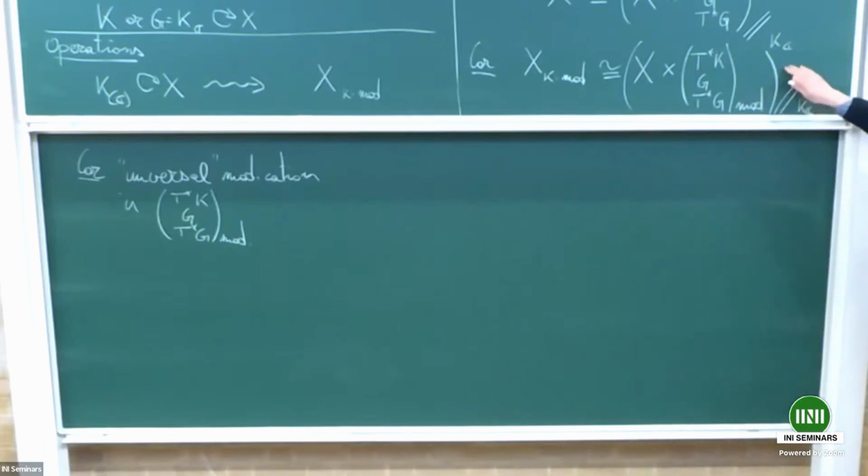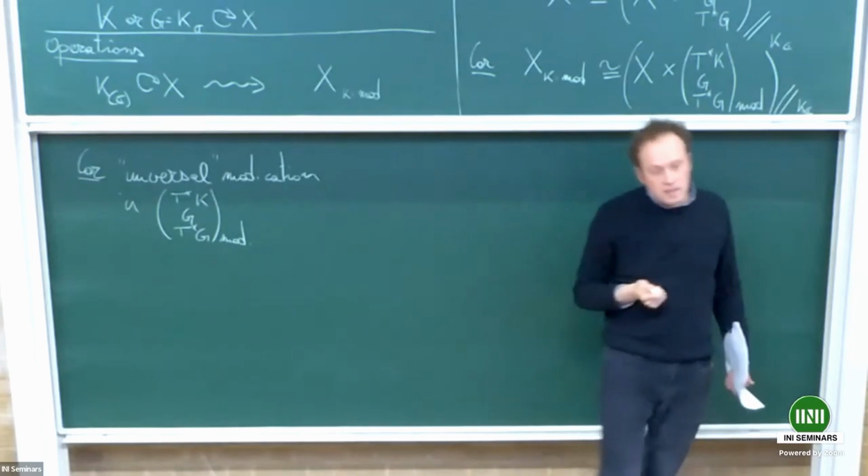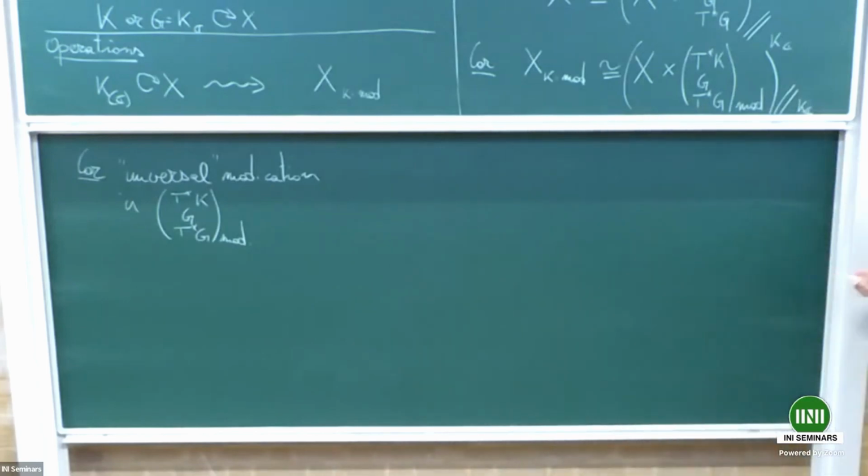But importantly, this theorem here does not hold in Kahler geometry or in hyperkahler geometry. There are still things that you can say in the presence of a metric, but this theorem essentially fails.